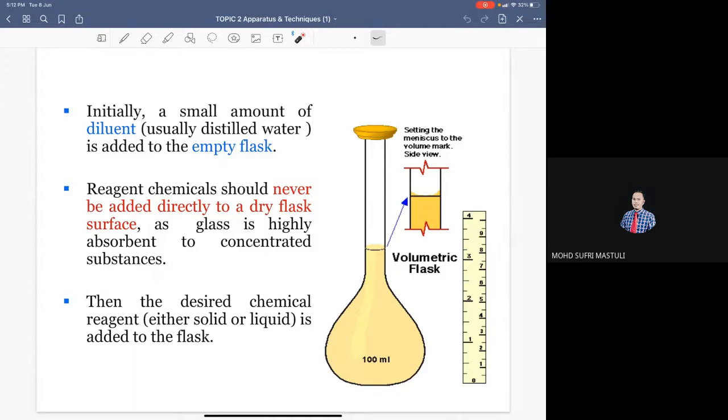This is why we weigh the empty flask using the diluent, and then the desired chemical reagent, either solid or liquid, can be added into the flask.